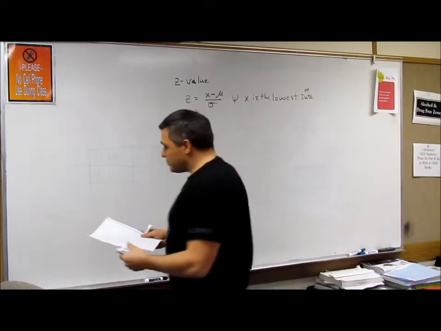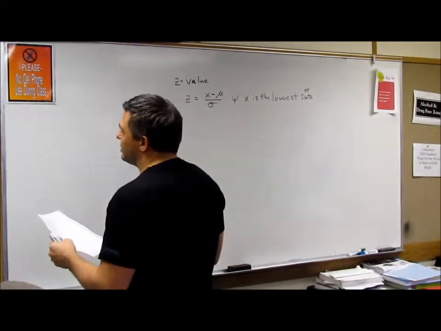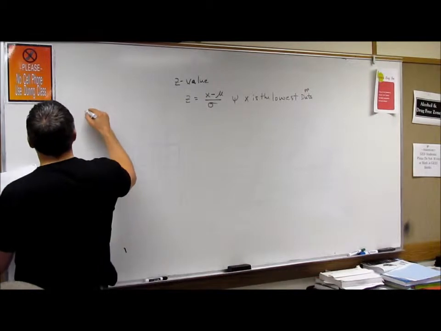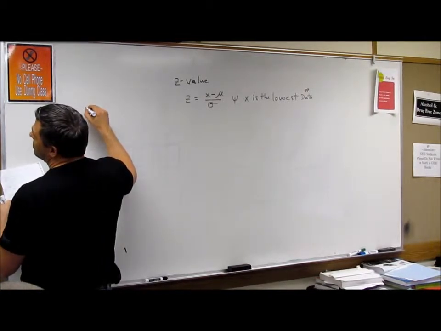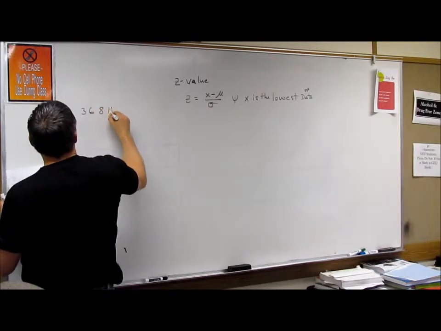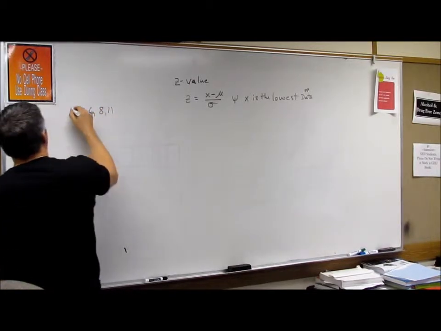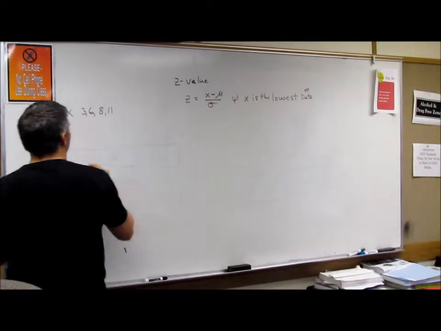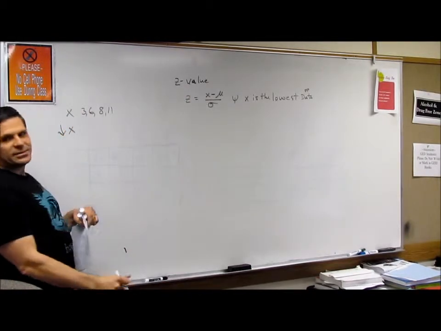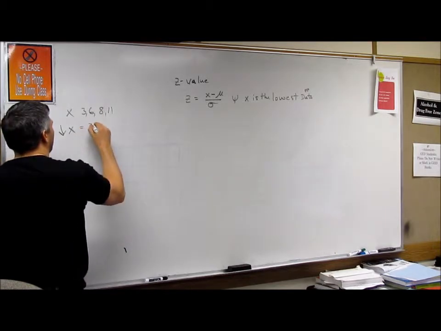Alright, so far we were dealing with that string of numbers. Remember? We dealt with 3, 6, 8, 11. That's our x's. So our low x, we'll just say our low x is 3.